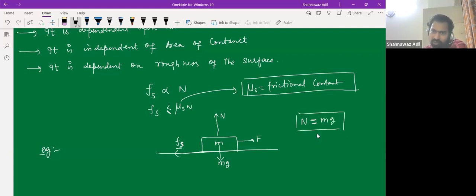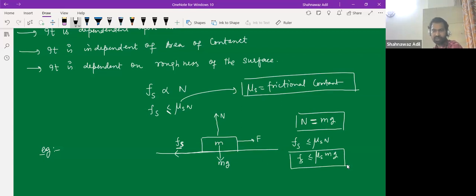Now we already know what the static friction is. This is less than or equal to mu s N. Is this point clear, guys? So we'll do some questions based on this static friction next.